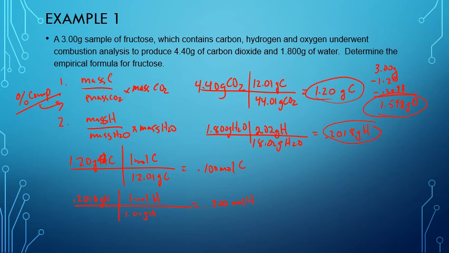And lastly, for the oxygen, we have 1.598 grams, and when we divide that by oxygen's molar mass, that also gives approximately 0.100 moles. Now, if I divide each of these by 0.100, I'm going to have a 1 to 2 to 1 ratio. So my empirical formula would be CH2O.